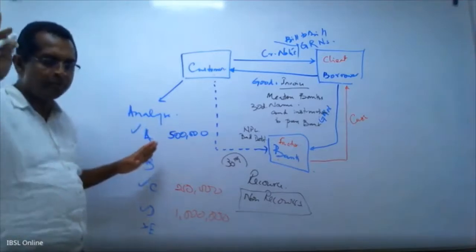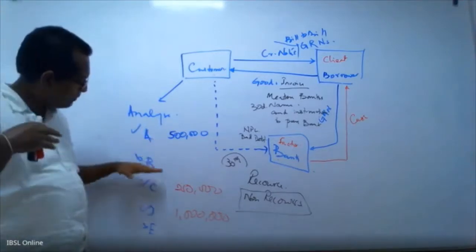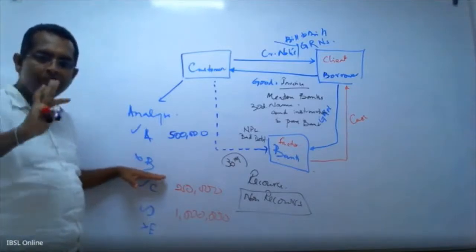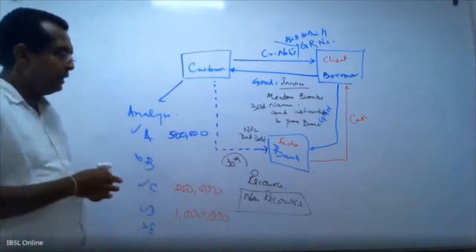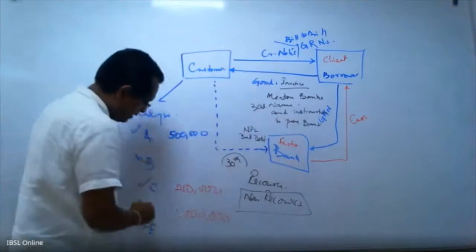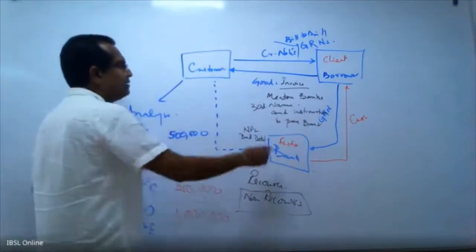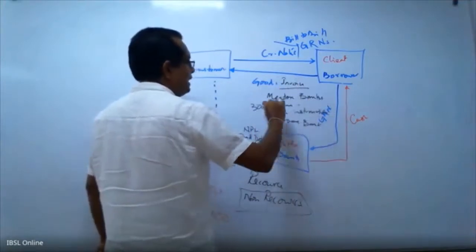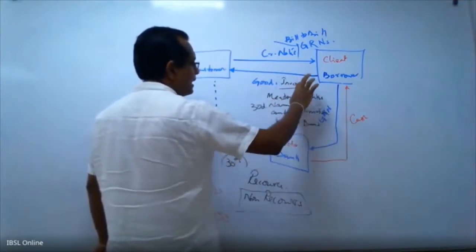That is his problem. If they go and give goods to B, that is his problem. The bank is not responsible. If these guys play within the given guidelines, the new GRN will have to mention the bank name, instruction to pay to the bank and all those things.